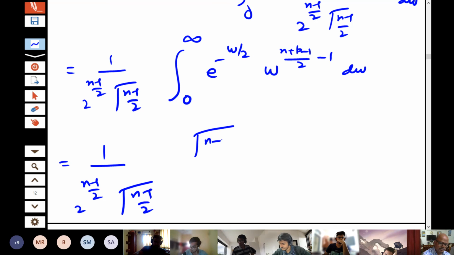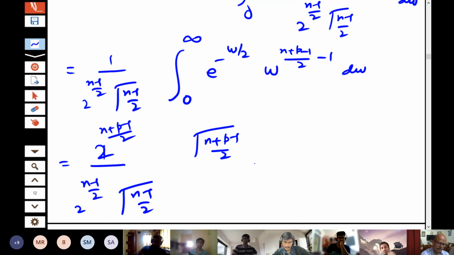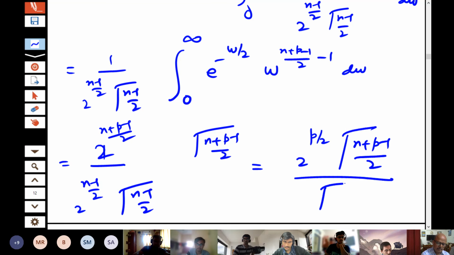That is gamma n plus p minus 1 by 2 divided by half to the power. So that will go in the numerator. I'll write here 2 to the power n plus p minus 1 by 2. So that is equal to 2 to the power p by 2 gamma n plus p minus 1 by 2 divided by gamma n minus 1 by 2.